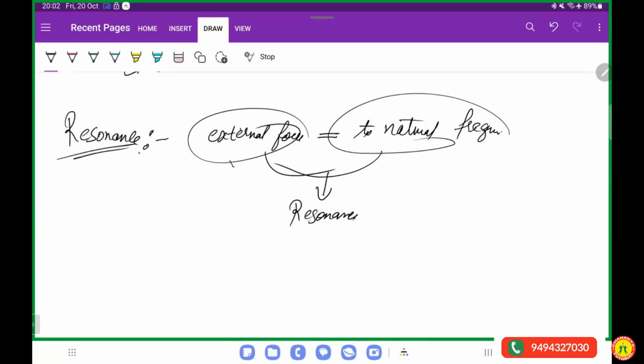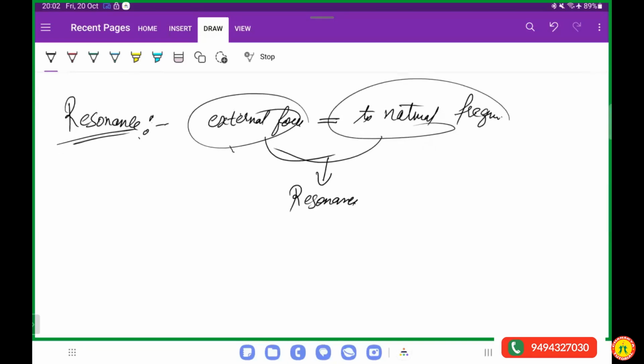They will resonate each other and make a very, very large amplitude. That is what resonance means.